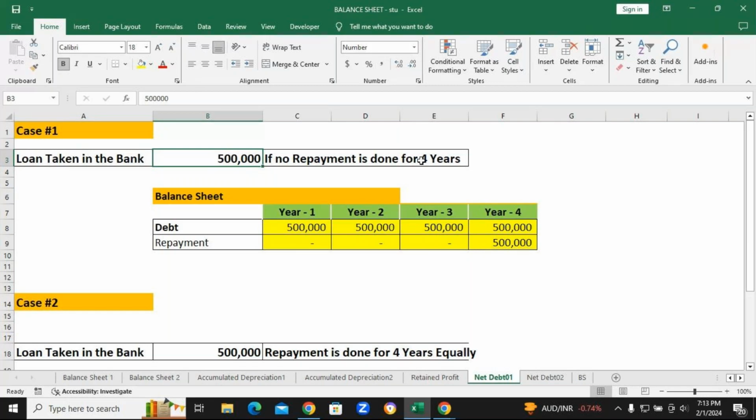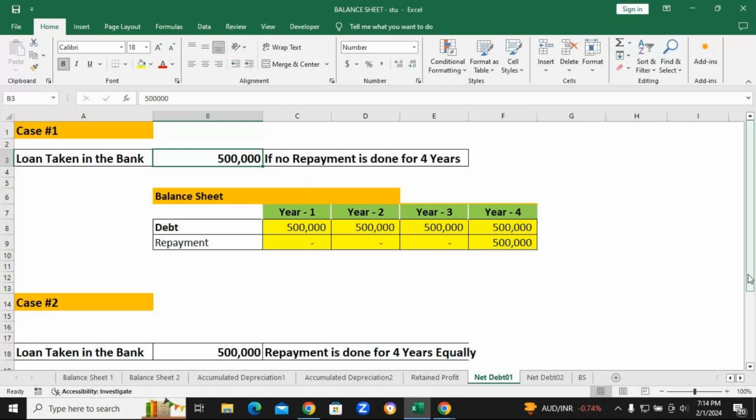The loan amount is going to remain the same, right? Here they have not mentioned any interest or anything, they're just talking about the loan. So if I have not paid my loan at the end of the fourth year also, my loan will remain the same. Clear?